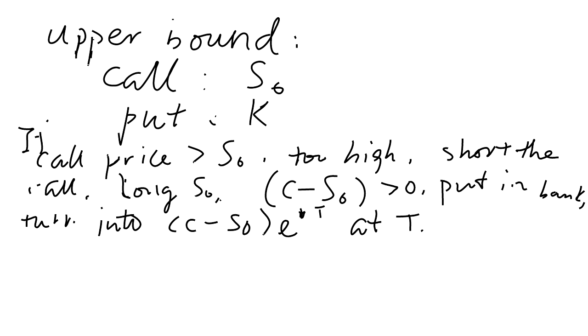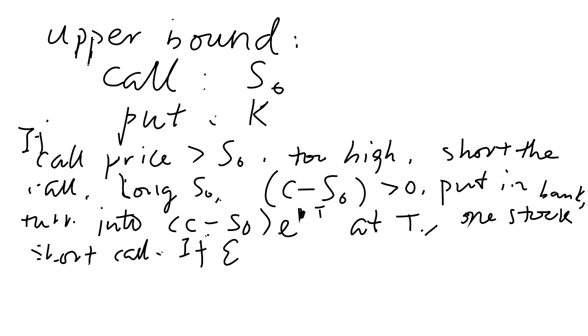And on top of that, remember, you have one stock. And you also short a call. And if your short call is exercised, that means your counterparty is buying the stock at strike.